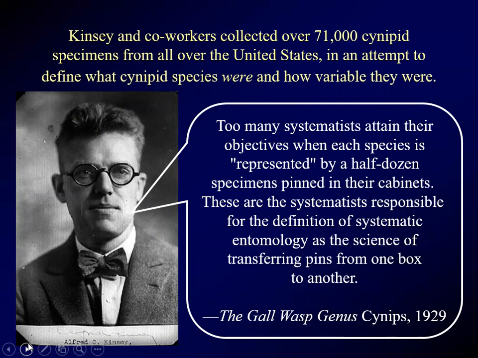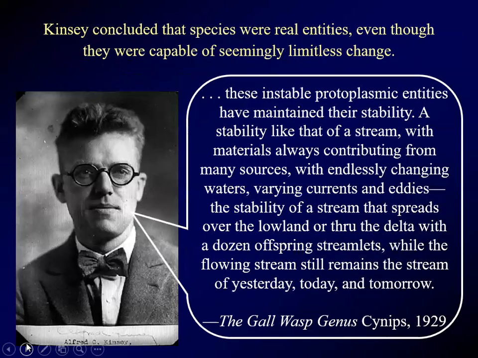These are the systematists responsible for the definition of systematic entomology as the science of transferring pins from one box to another. So most people were defining species, but not really coming to grips with variation. And Kinsey went out and sampled like crazy and collected over 71,000 cynipids to try to figure out what are the real limits of variation. How variable are our cynipids?